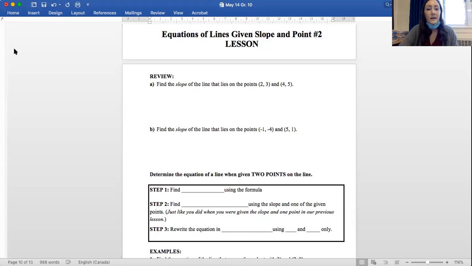So review: find the slope of the line that lies on the points (2, 3) and (4, 5). Our first step, as we've seen, was to label these x1, y1, and x2, y2. To find the slope between two points, the equation was y2 minus y1 over x2 minus x1.